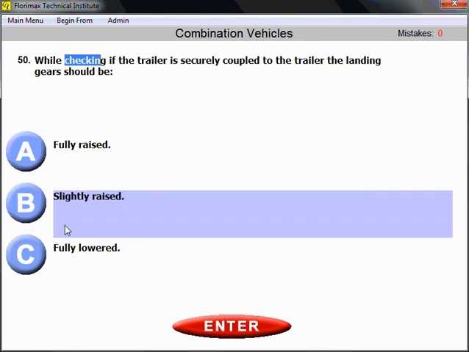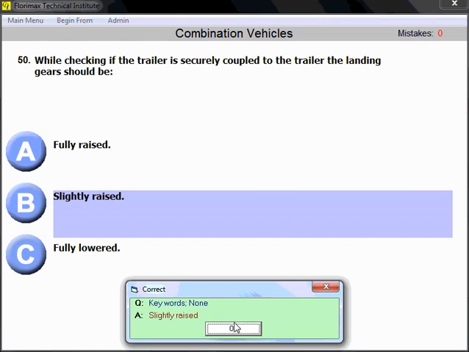They should not be fully lowered, not fully raised. Just remember, checking, slightly raised. You fully raise them when you drive away, but when you check, they should still be slightly raised. In case the coupling is not complete and not secure, at least your trailer will not fall.